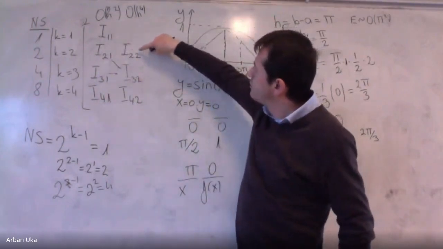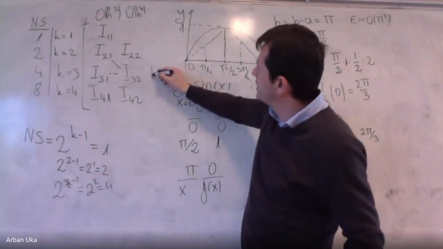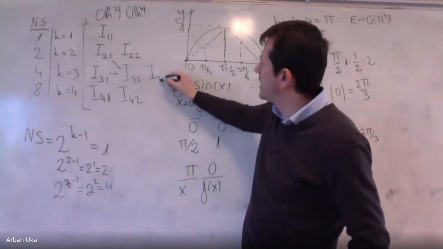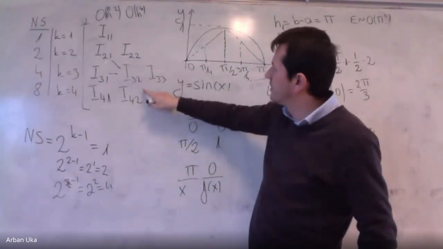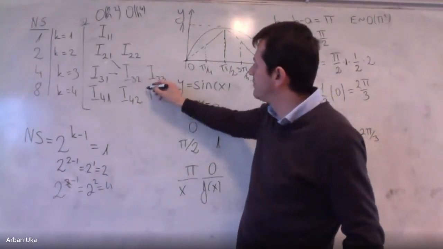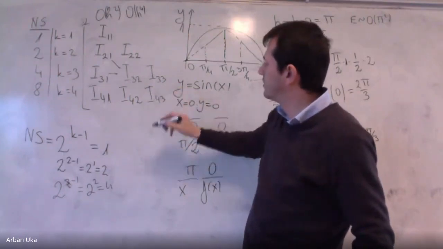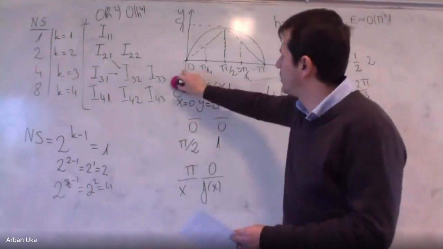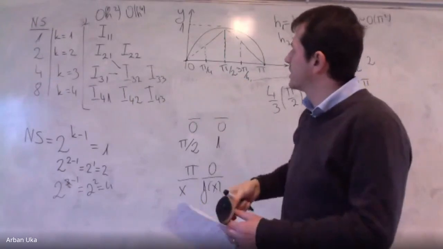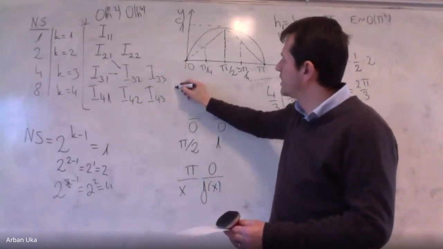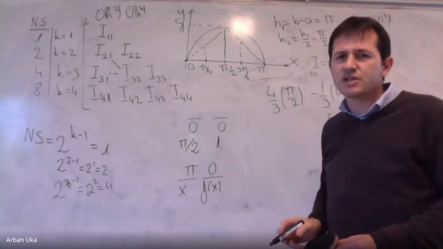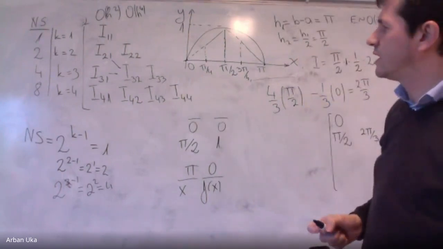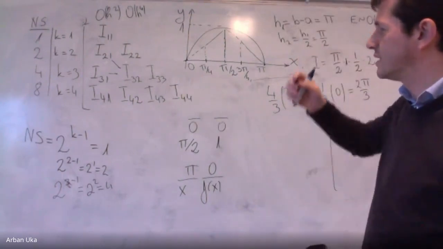Then we can combine these two to get another value for the integral, which would be I33. And here, combining these two with specific coefficients, we can find I43. We have one more contribution. We can still combine these two and get I44. So this is Richardson extrapolation, and we can show how this is going to work for us.